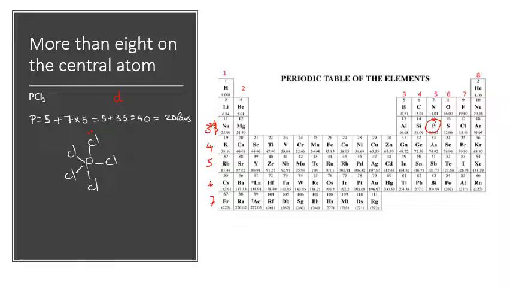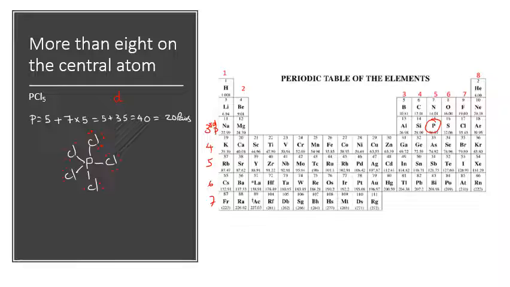So 1, 2, 3, 4, 5, 6, 7, 8, 9, 10, 11, 12, 13, 14, and 15 pairs I put. So total 20 pairs I used, and you got the Lewis dot structure for PCl5.